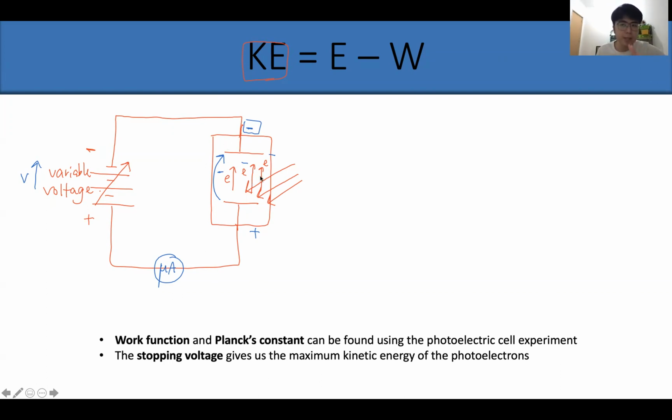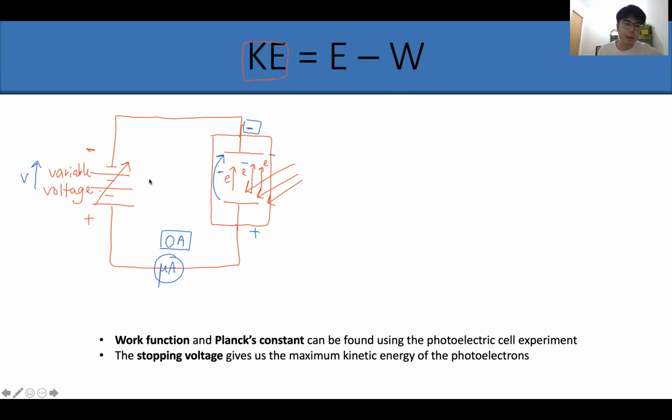So if you shine the light here, electrons are emitted, yes, but they are repelled by the negative terminal, so they cannot reach the plate. At some point, when you increase it large enough, the ammeter will read 0 ampere. That means no more current flowing, and when that happens, you know that the electrons cannot cross anymore.